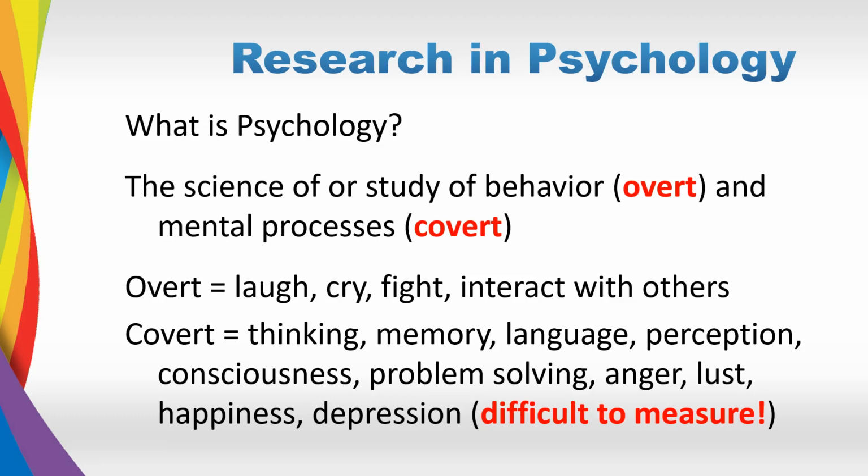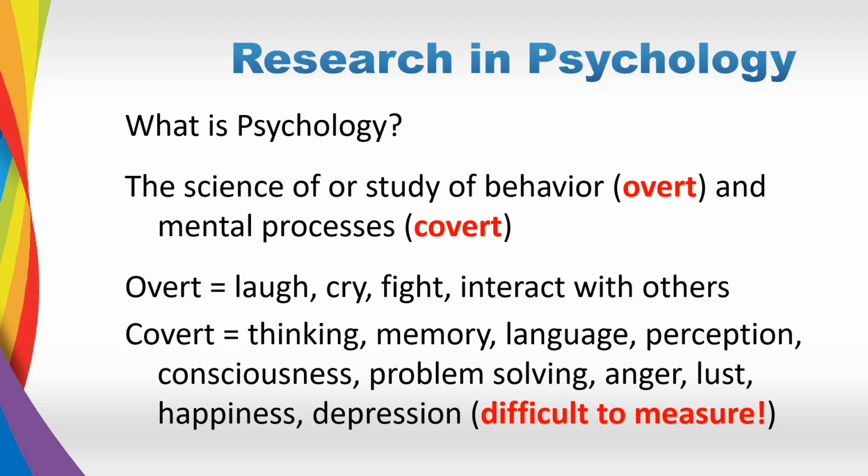So we don't really know. So what we are seeing doesn't always match what is on the inside. And so that's one of the things that we need to think about, is that it's very difficult to measure those covert behaviors because thinking is a behavior, and it is very difficult to measure anything that's on the inside of the mind.